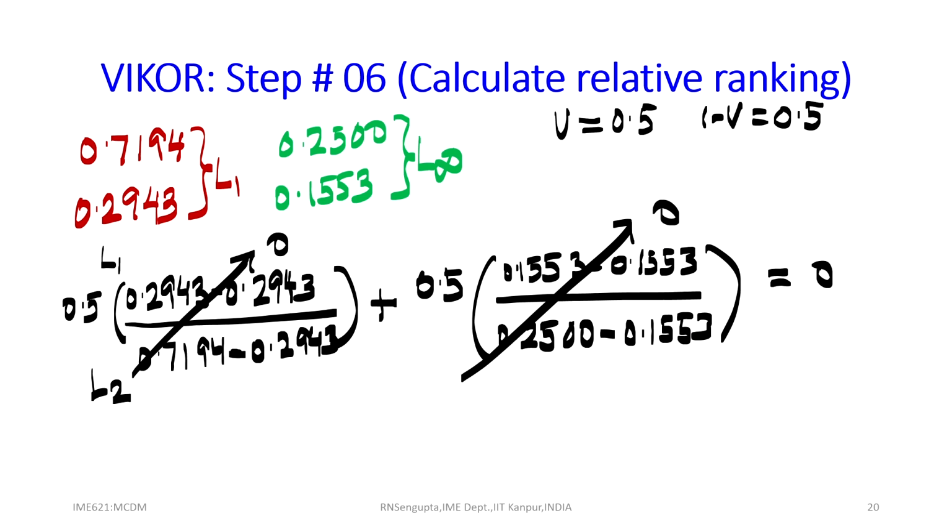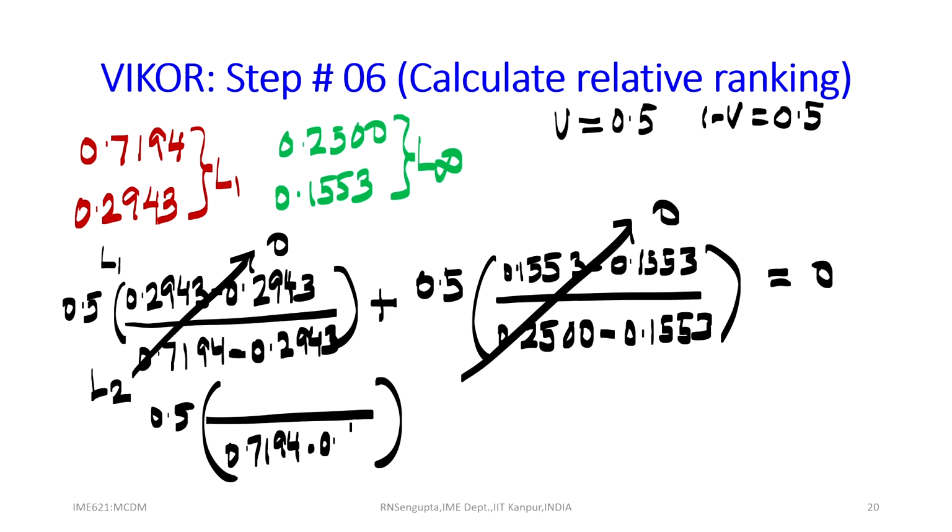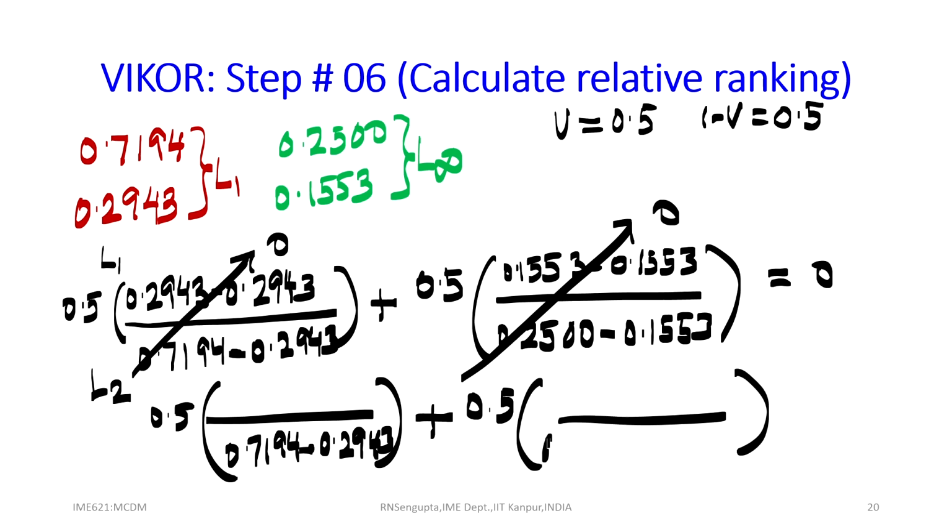If I consider the second one, again 0.5, the numerator is 0.7194 minus 0.2943. This part I will only fill up the numerator. So, I will go back to the slide: 0.2500 minus 0.1553, and the minimum value always remains the same.